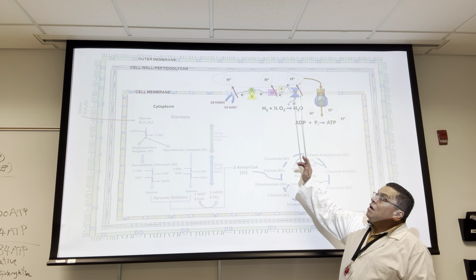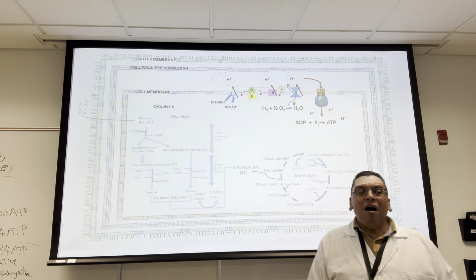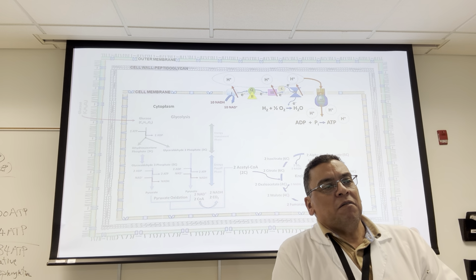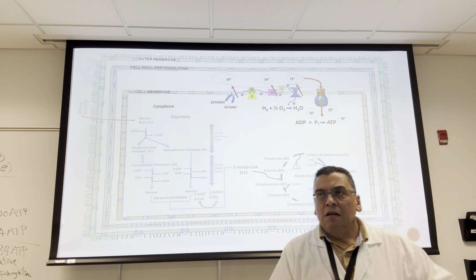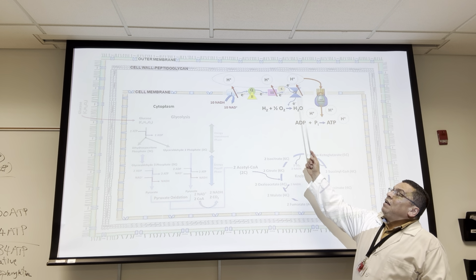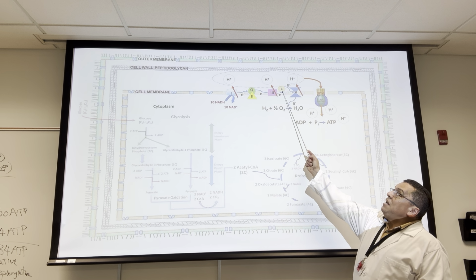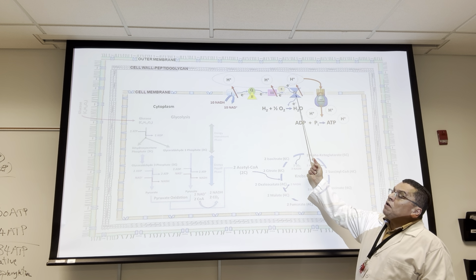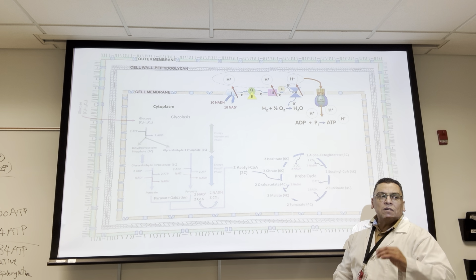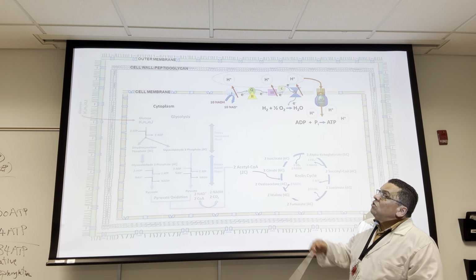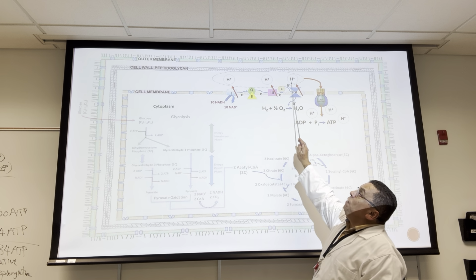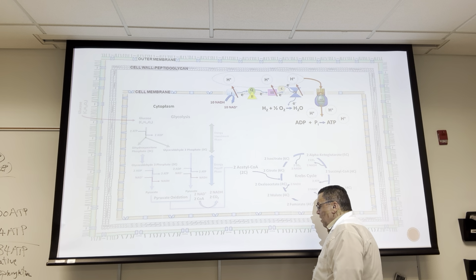Complex 3 will do exactly like what complex 1 did. It will open up a channel, pump hydrogen, and then deliver the electrons to cytochrome C. Cytochrome C gives the electrons to complex 4. Complex 4 pumps hydrogen. So 1, 3, and 4 are pumping hydrogen in this space.